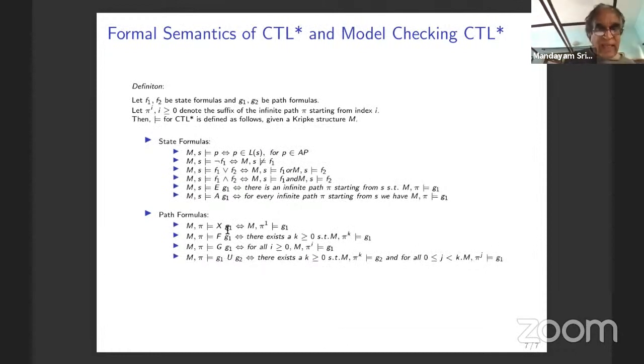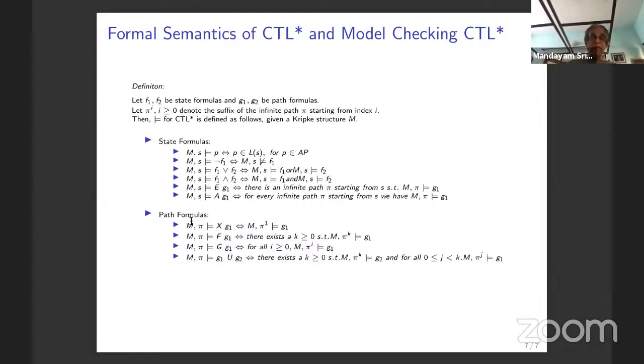So there is one thing that is missing here. Since a state formula P can also be a path formula, there must be one rule for when you use that. Okay, so if it's a state formula, then that is true of the path if it is true of the first state of that path.